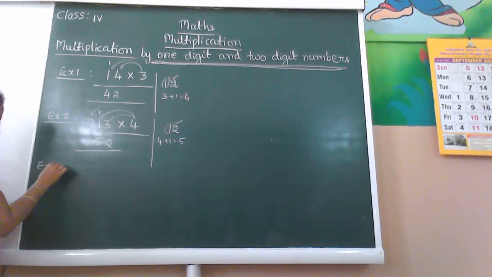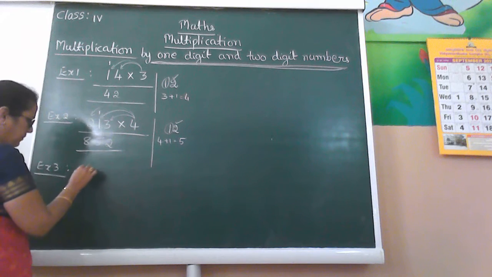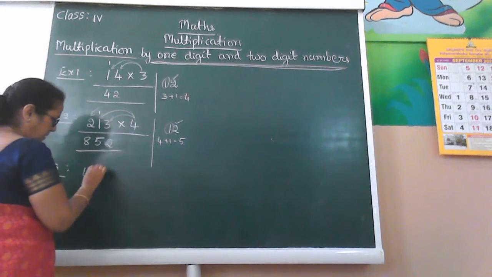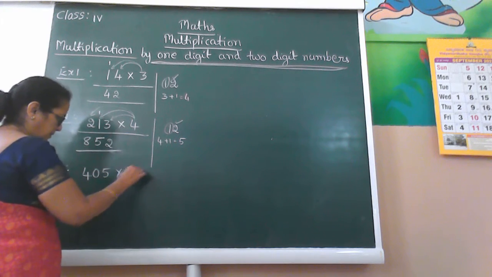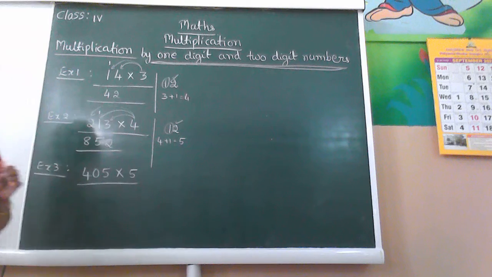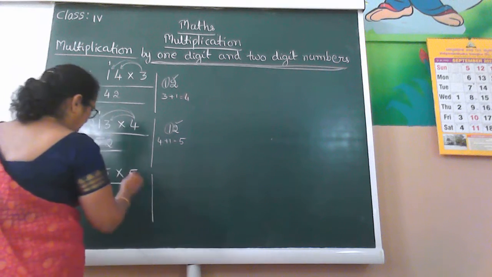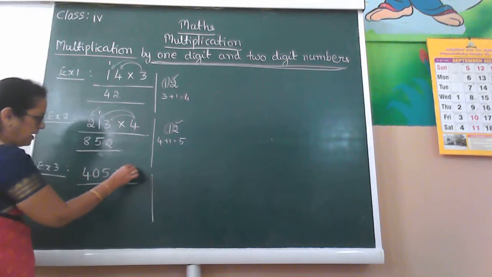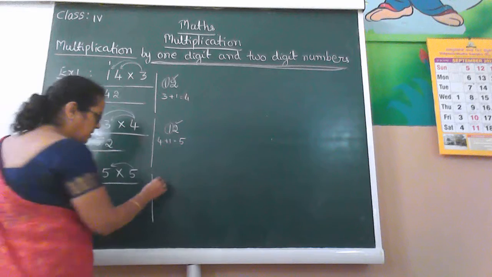Okay, so we'll do one more. It is example 3. I'll take 3 digits, same. 405 into 5. Let us say 405 into 5. First you multiply 5 into 5. That is, 5 fives are how much?